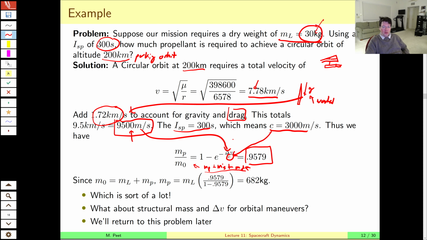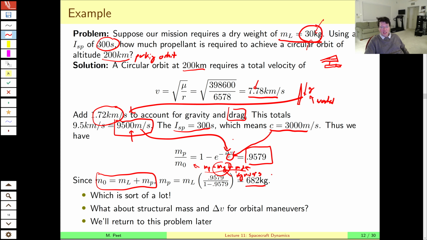We're going to ignore the structural mass here. And so the wet weight is just the payload mass plus the propellant mass. Even with that very conservative approximation, we find that the propellant weight has to be 682 kilograms to lift a payload weight of 30 kilograms.